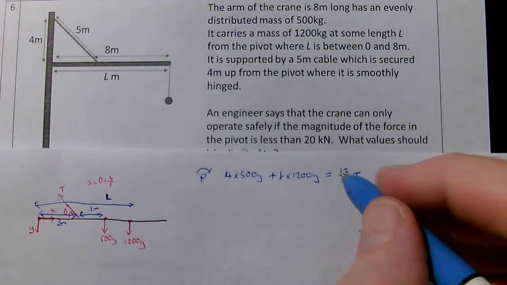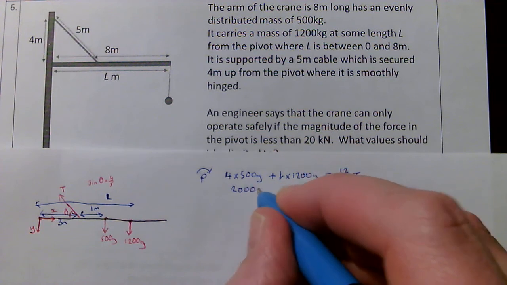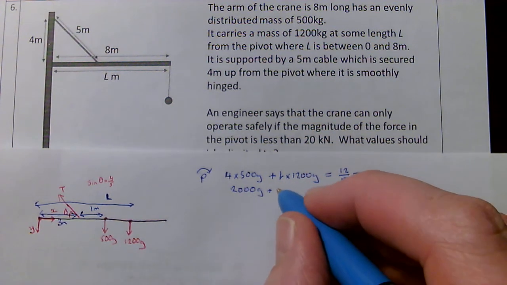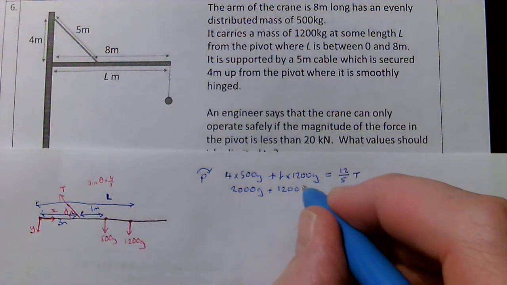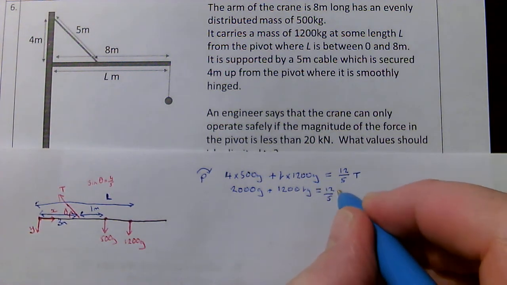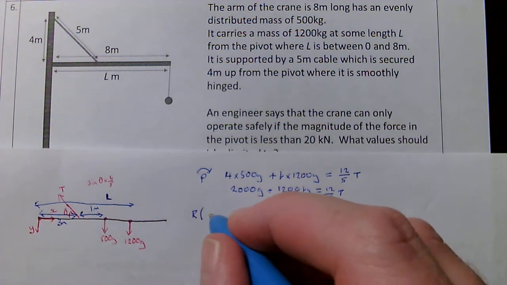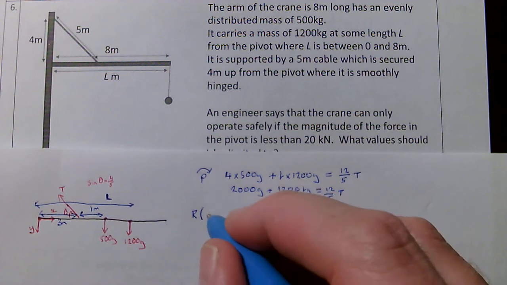That's unchanged. So I've got 2000 G plus 1200 LG equals 12 over 5 T. I'm also going to resolve vertically.